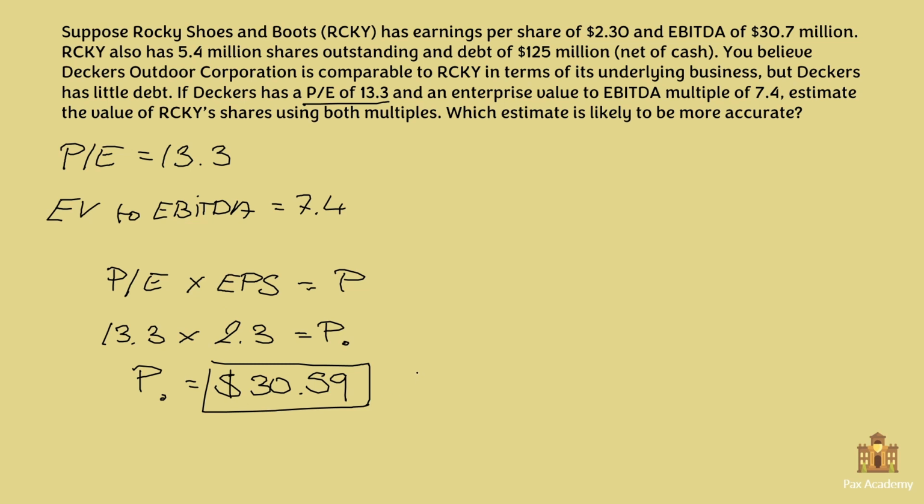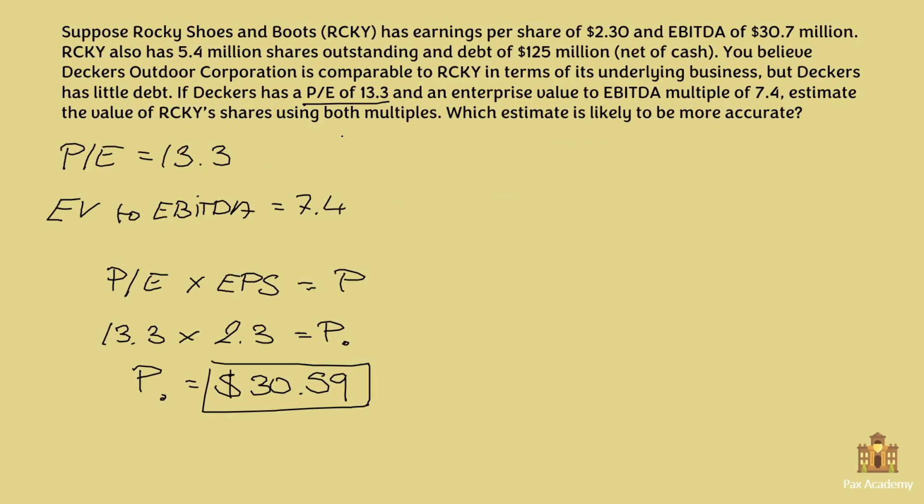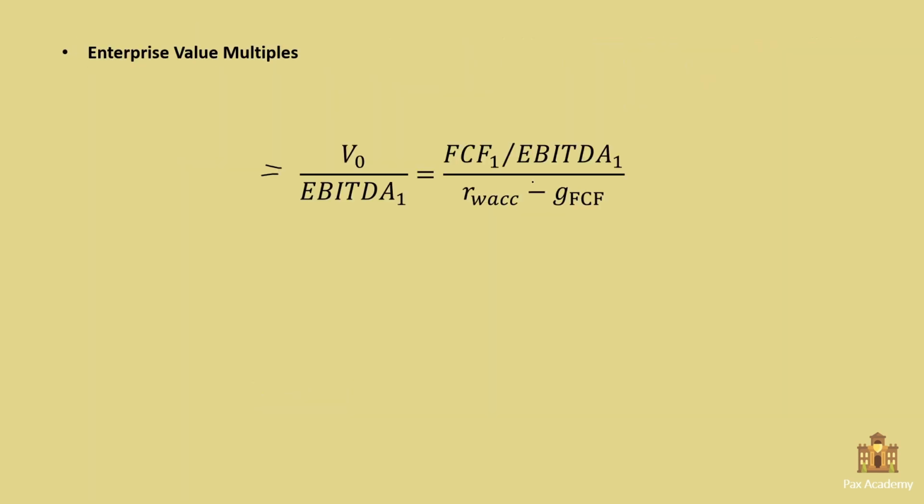And now let's use the enterprise value to EBITDA multiple. Remember, this multiple is equal to the value over the EBITDA. So first, we need to find out the value, V0, again by rearranging the formula.